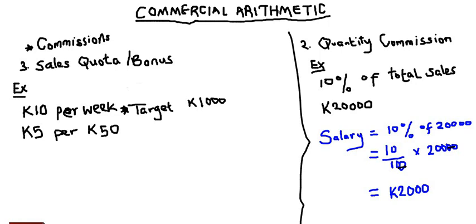So above the target of 1,000 kwacha, there is a sales quota of 500 kwacha, and the 500 kwacha attracts a bonus of 5 kwacha.